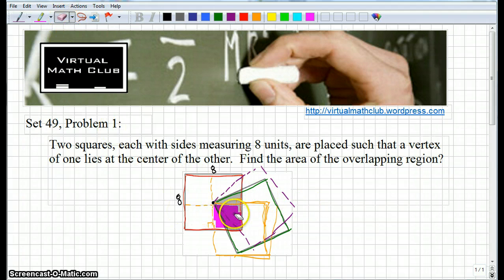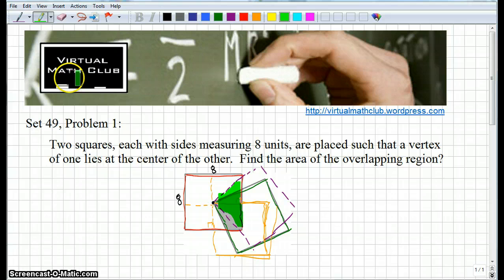So I'm going to erase this highlighting, and let's go to another highlighter. I like green. And you can see here this overlapping region, if I highlight it, is also 1/4 of the square. So given those two positions, we get 1/4 of the square.